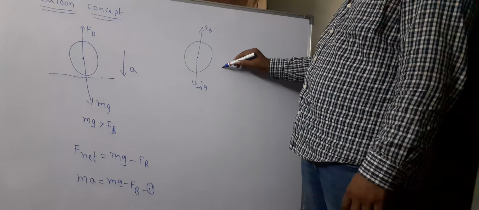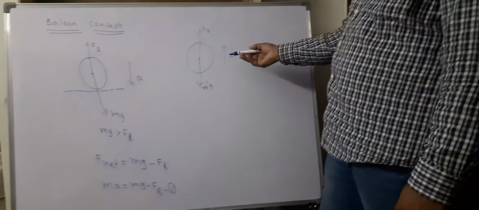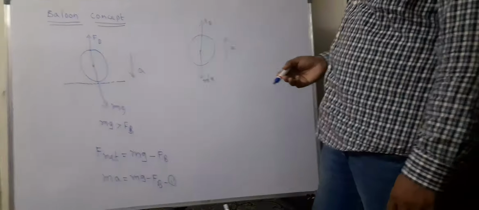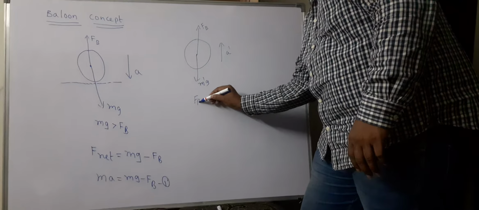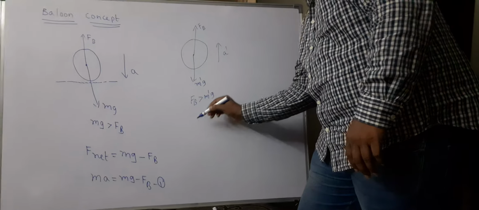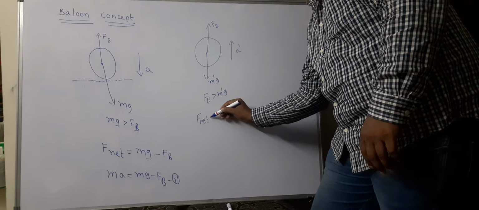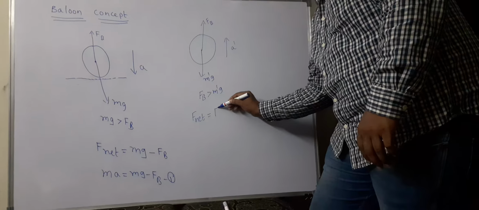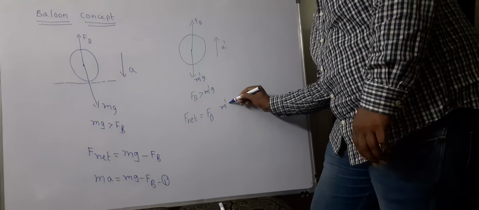In the situation, the balloon is moving upward with acceleration A dash. Here the balloon is moving upward, so the upward force is more. Simply FB greater than m dash g. In the situation, net force is always written as larger force minus smaller force.